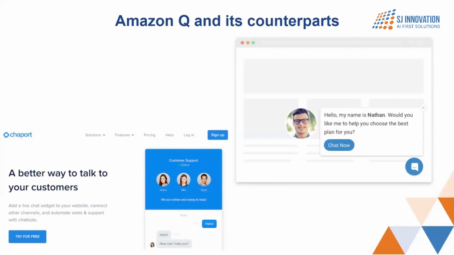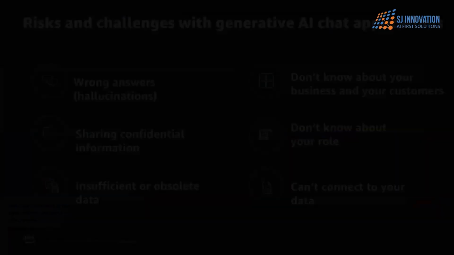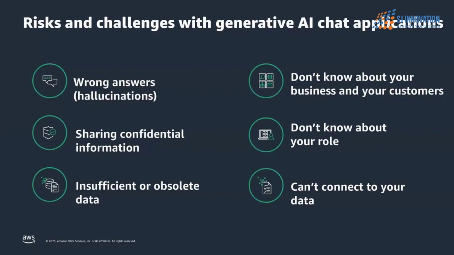Most of the AI assistants in the market have many limitations. Some of the limitations are wrong answers or hallucinations, meaning the response you get is sometimes totally unrelated to the question you ask. Also, there is no guarantee that it will not share confidential information.